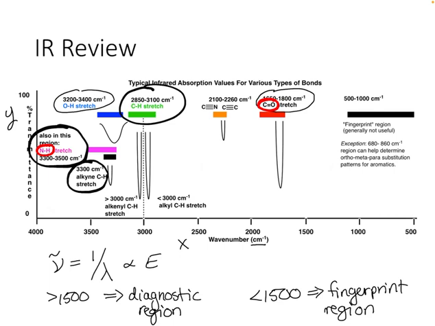And then we have carbon-hydrogen stretching in the 3000 range. That's also kind of towards the left because we have a smaller mass from the hydrogen. So again, if you have larger masses, then you have smaller wave numbers. If you have smaller masses, then you have larger wave numbers.